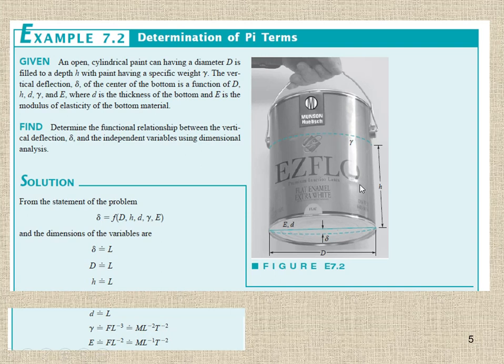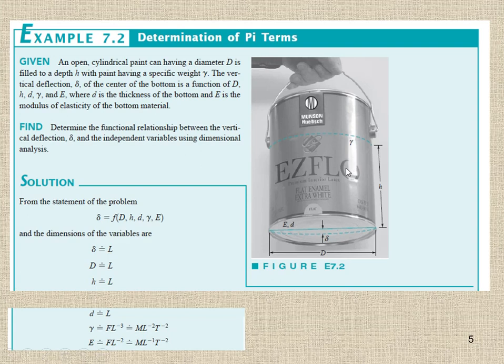So we have to develop a relationship between the deflection and the diameter of the bottom plate, the thickness of the bottom plate, the modulus of elasticity of the bottom plate, the height of the paint stored in the container, and the specific weight of the fluid contained in the can.